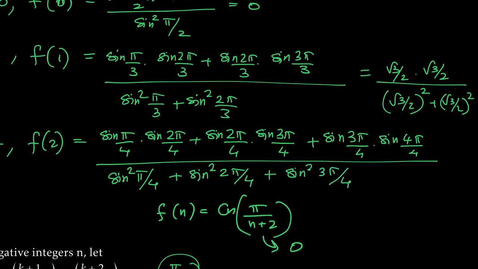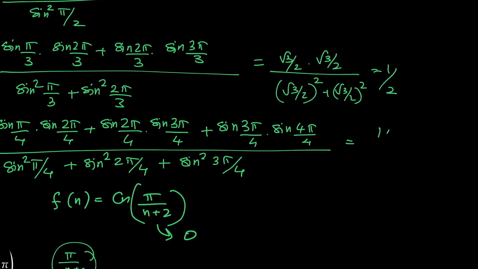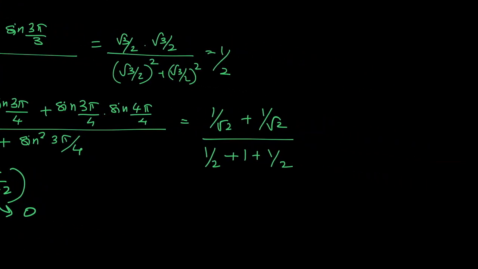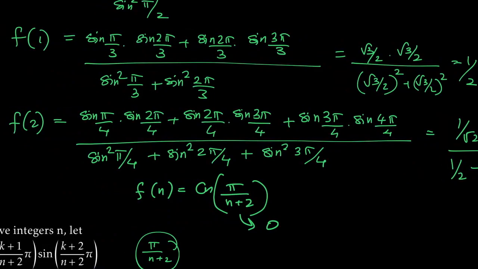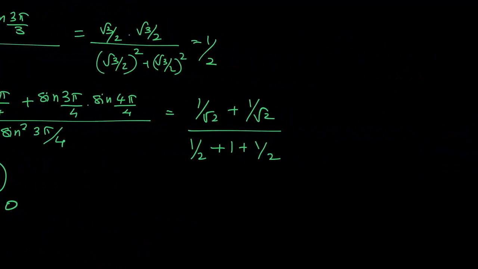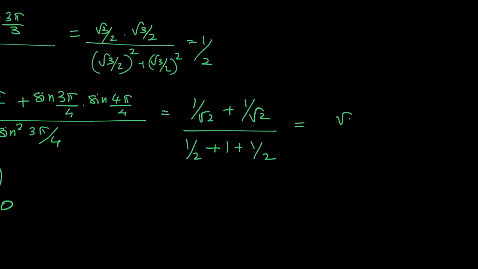So this quantity is going to be 1 by root 2 plus 1 by root 2 whole divided by sine square pi by 4 is 1 by 2, plus 1, plus 1 by 2. So this quantity is going to become root 2 divided by 2, that will be 1 by root 2.